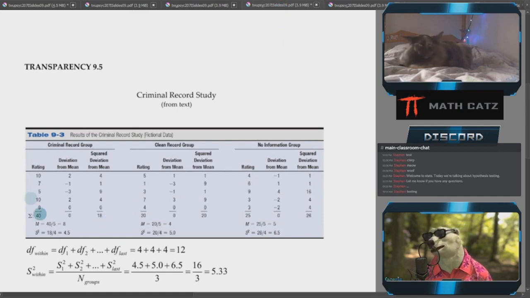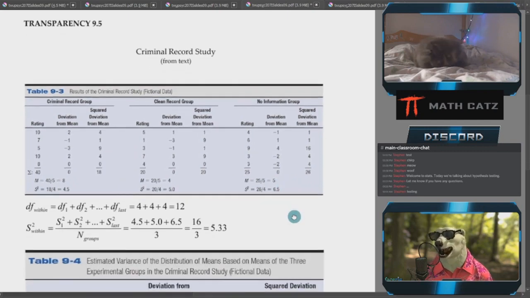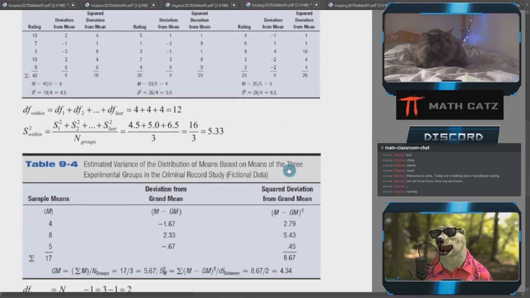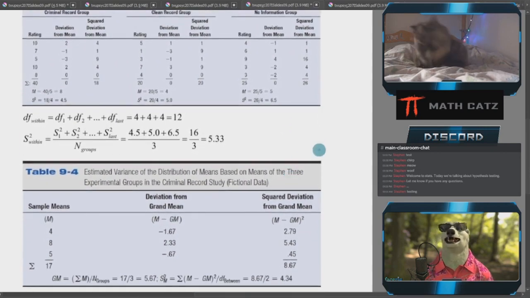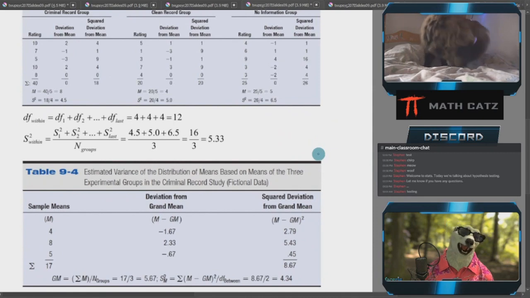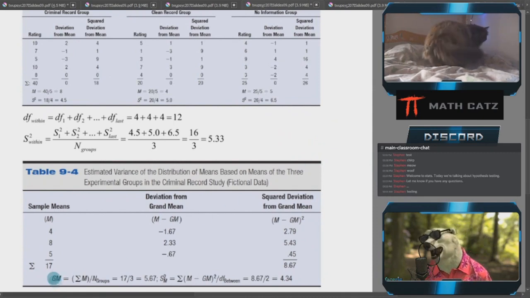Here in the first group, I have a mean of 8, second group mean of 4, then a mean of 5. I'm going to calculate the mean of those means, and we call that the grand mean. Add up all the means, divide by the number of groups, the average of all the means. That's the average of the means, the grand mean.